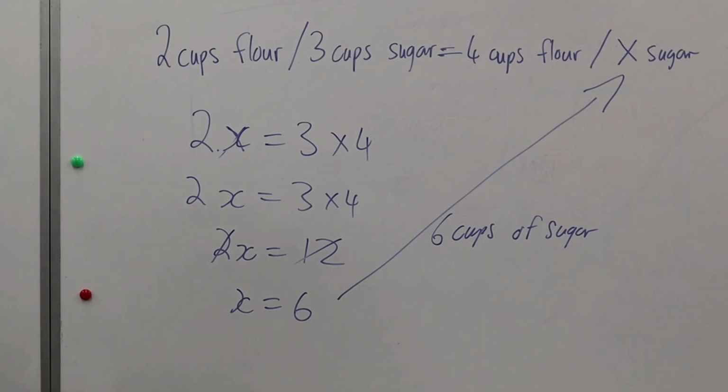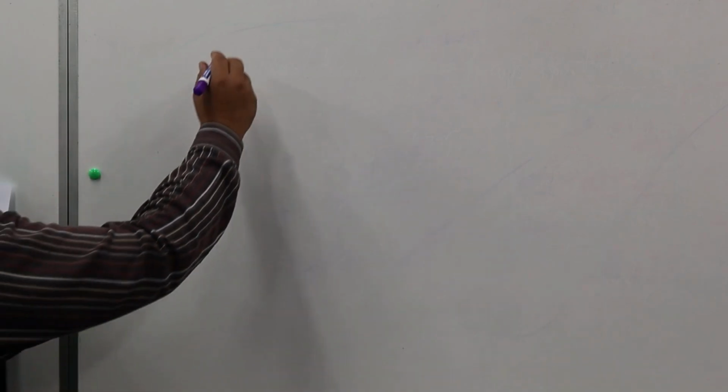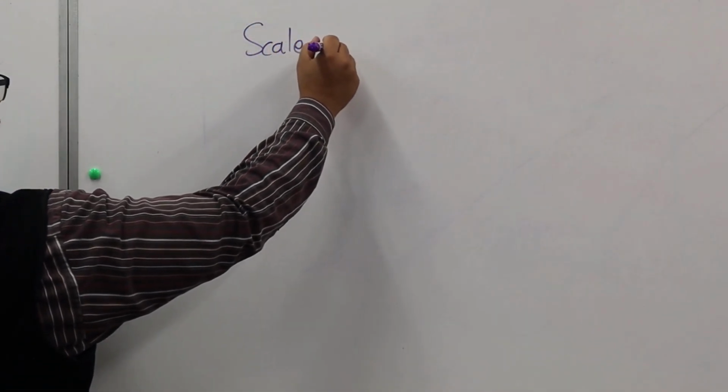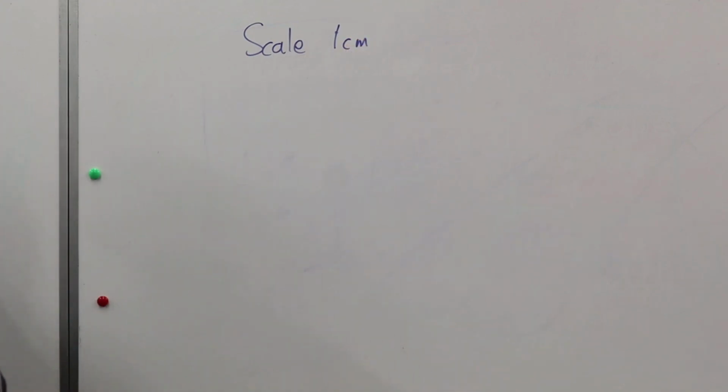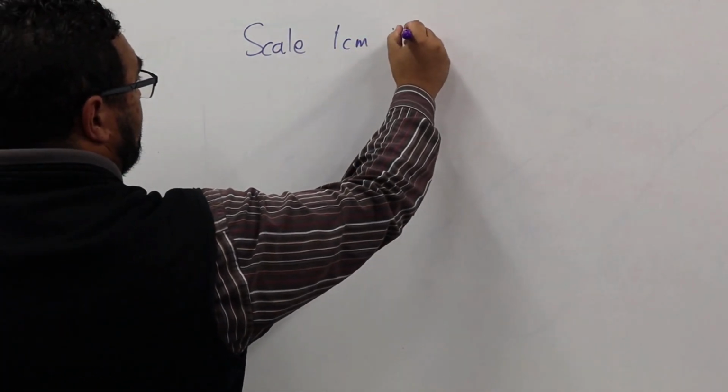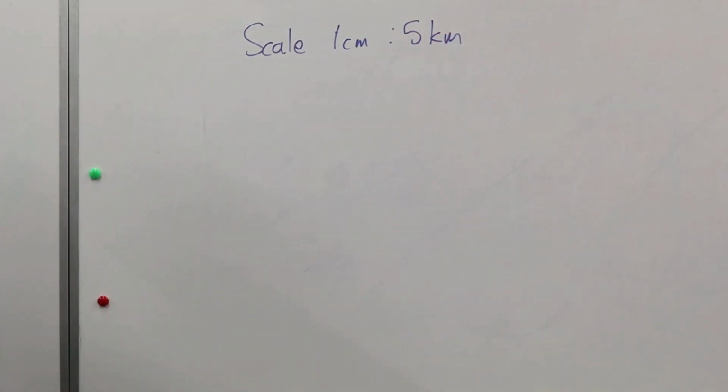Okay, let's look at another example. Let's now deal with a map. Imagine a map has a scale where 1 centimeter represents 5 kilometers.